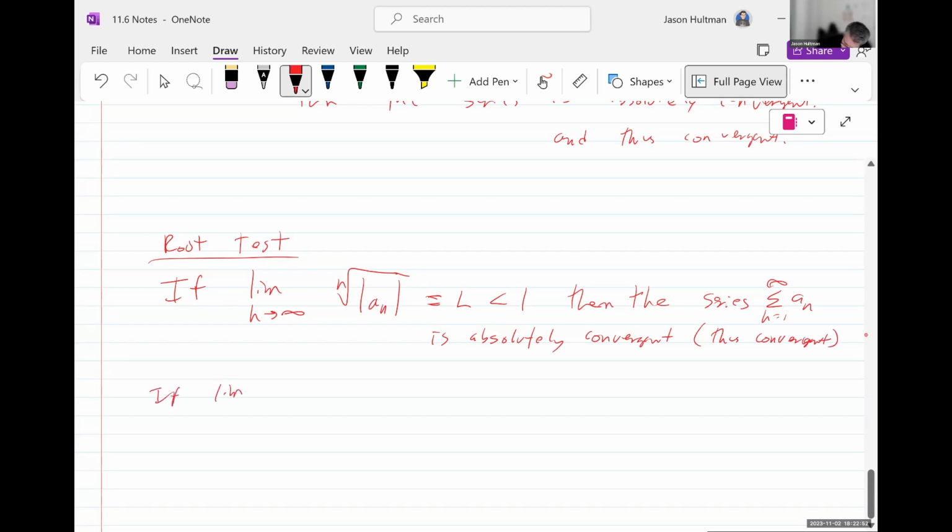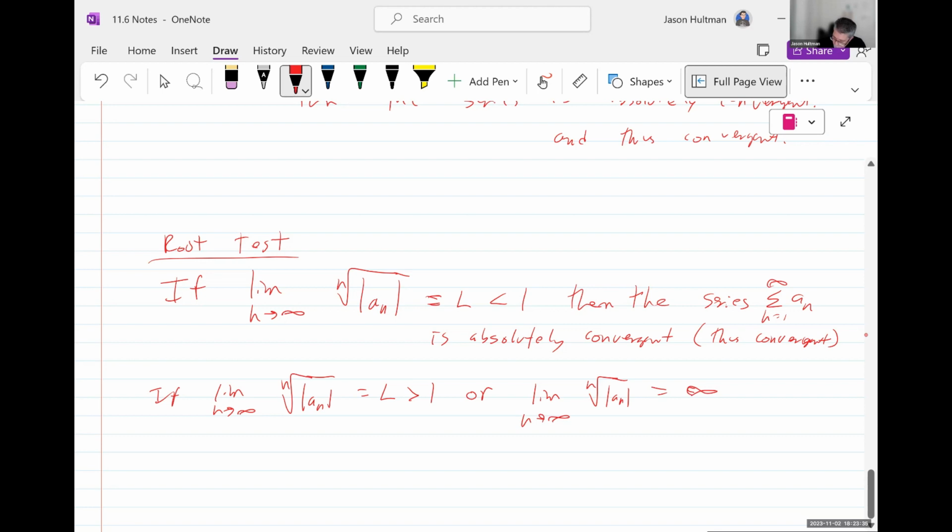If the limit as n goes to infinity of the nth root of the absolute value of a sub n is equal to L, which is greater than 1, or the limit as n goes to infinity of the nth root of a sub n equals infinity.